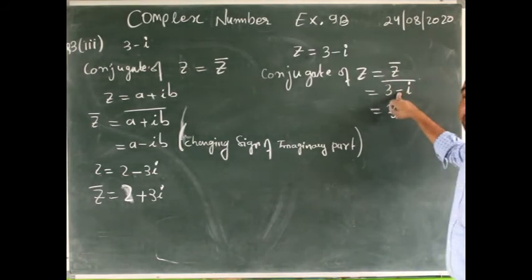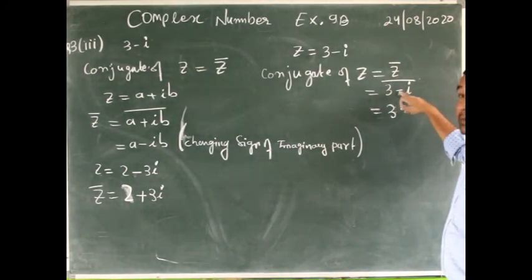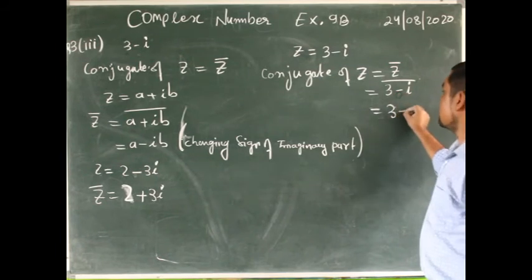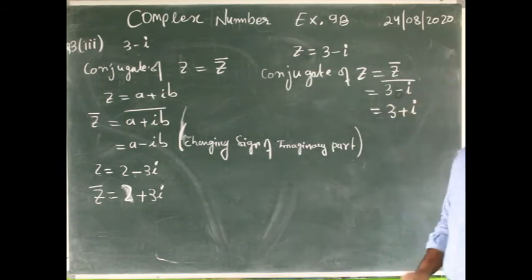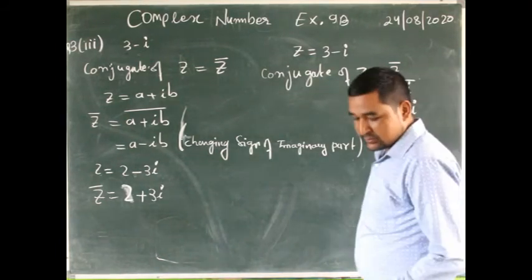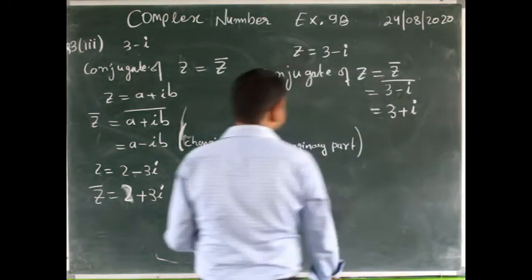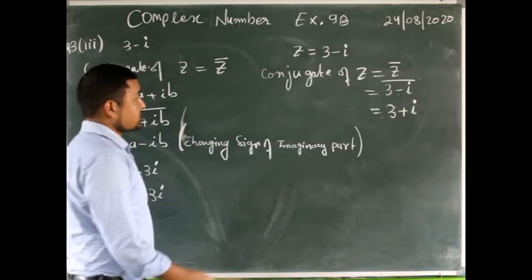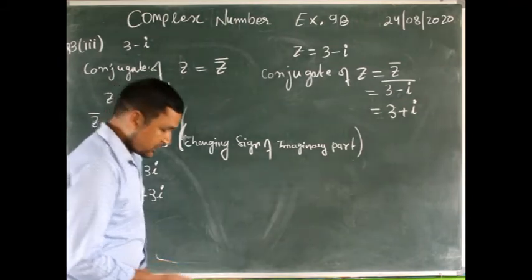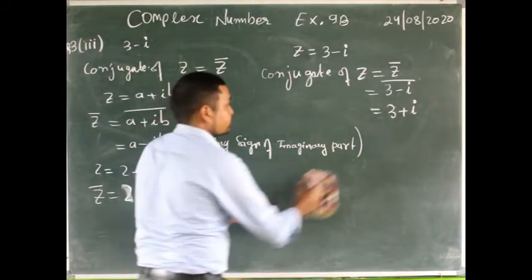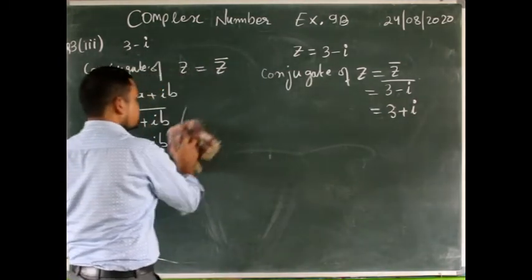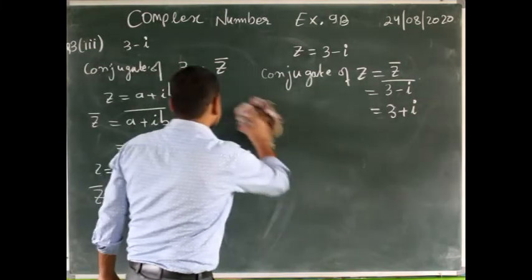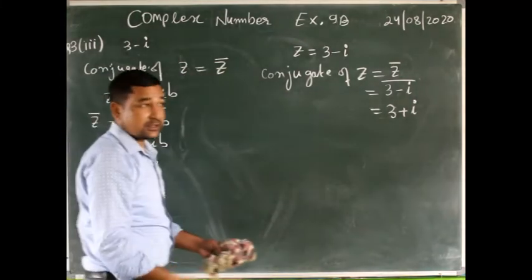Now change the sign of the imaginary part. Minus changes to plus i. This is called the conjugate. Then the question asks to find the reciprocal. Now let's do the reciprocal.